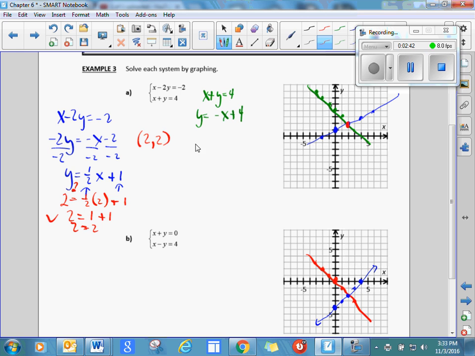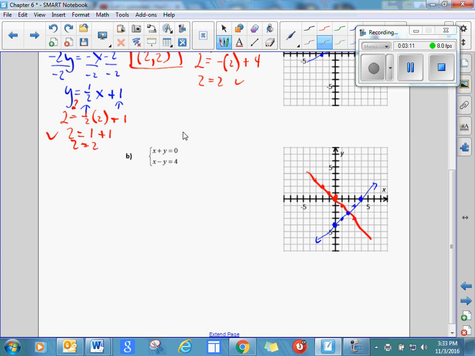This one, when we plug it in, 2, is that really equal to minus 2 plus 4? Yeah, it is. Thought I had a double negative there. So 2 is equal to 2, and again, we've proved that the ordered pair (2, 2) is the solution of this system of equations.